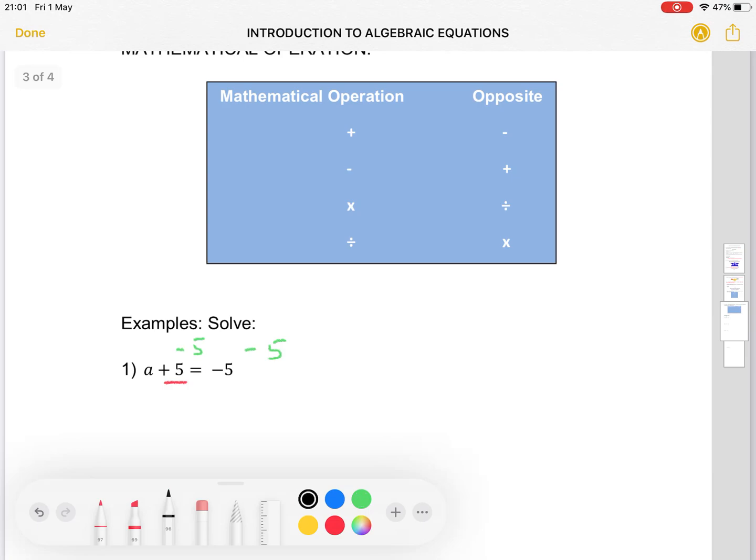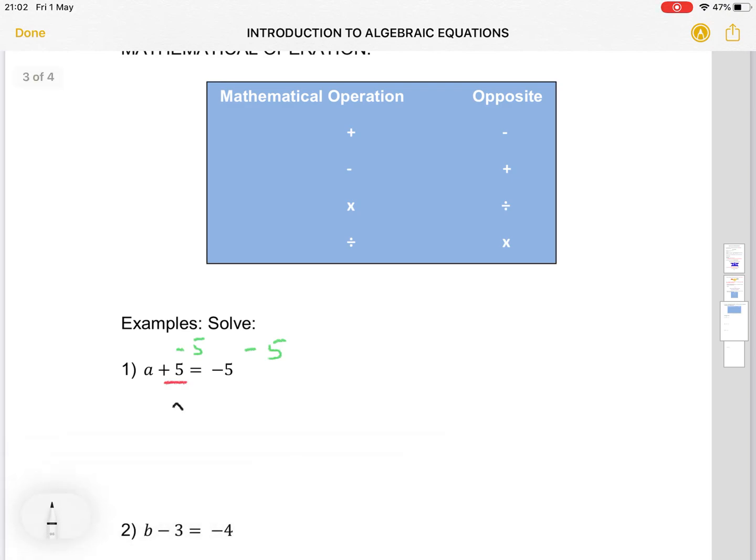If we subtract 5 from both sides, we end up with a plus 5 minus 5, we end up with a, because 5 minus 5 is equal to 0. And on the right hand side, on side 2, we have negative 5 minus 5. Now, we owe money only.